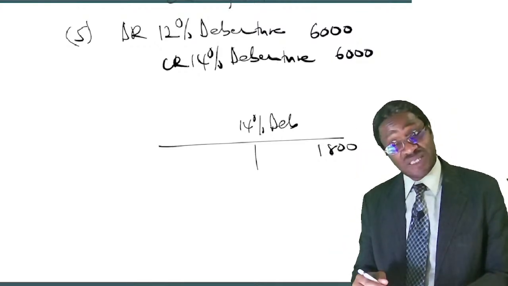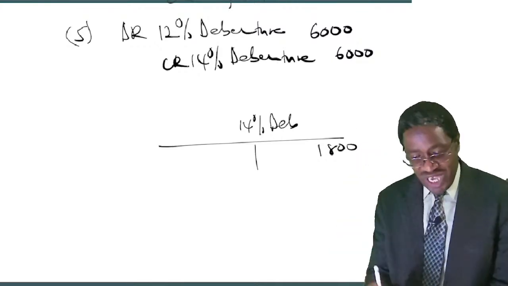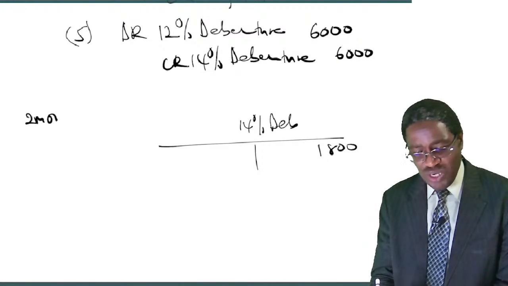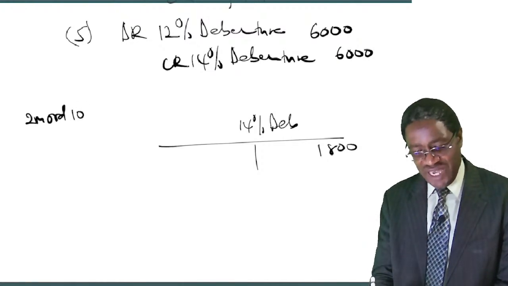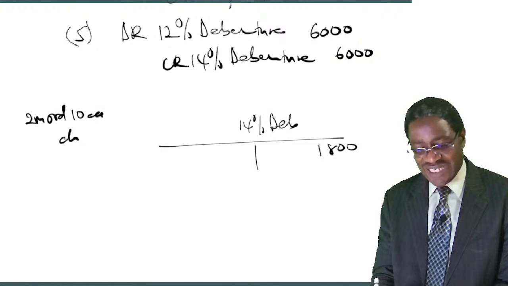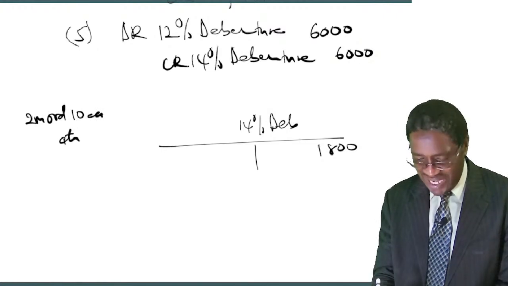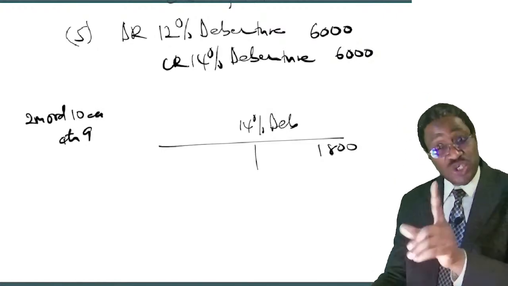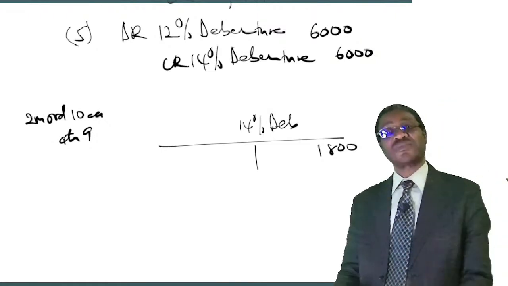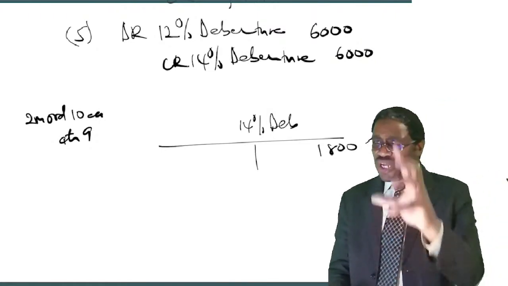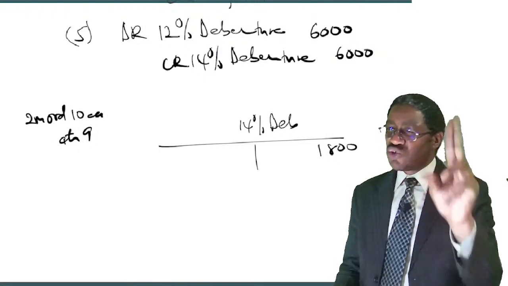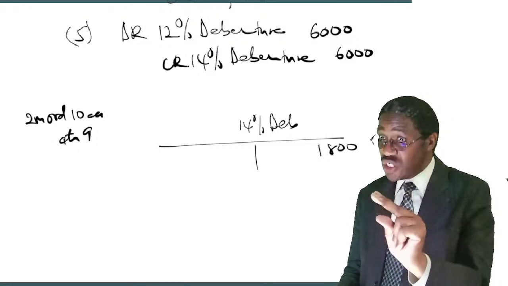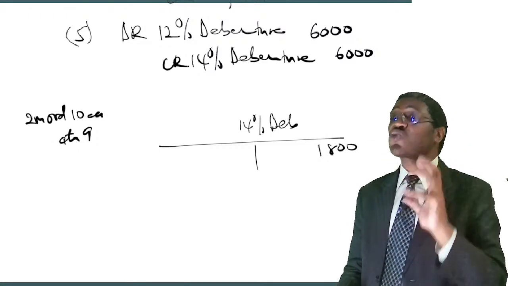What I mean is this. If you issue 2 million ordinary shares of 10 each at 9, you are issuing at a discount. But you are issuing shares worth how much?